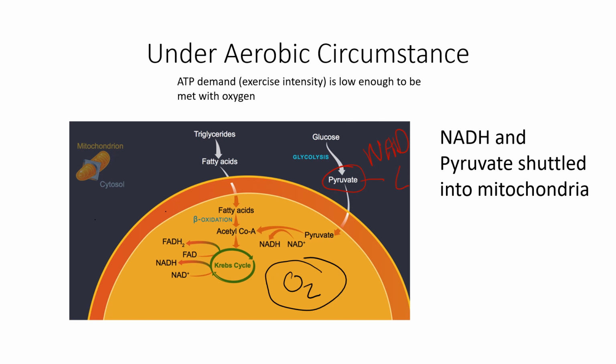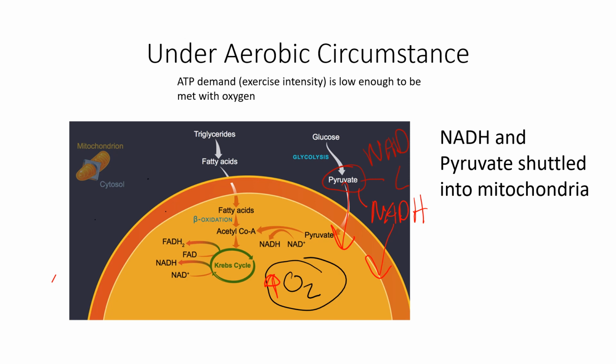And with more sufficient oxygen levels, what's going to happen is that pyruvate, as well as the NADH, instead of the reaction that occurs when ATP demand is very high and oxygen is insufficient, where pyruvate gets converted into lactate to regenerate NAD, in this instance, when ATP demand is more moderate and there's more sufficient oxygen levels, the pyruvate, as well as the NADH, through a pretty interesting mechanism, is going to get shuttled into the mitochondria inside of the skeletal muscle cell.